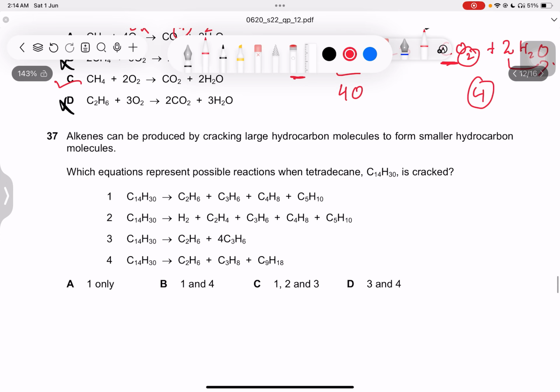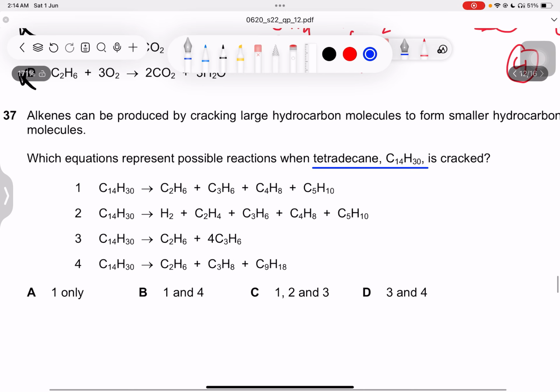Question 37. Alkenes can be produced by cracking large hydrocarbon molecules to form smaller hydrocarbon molecules. Which equations represent possible reactions when tetradecane is cracked? Okay, so when cracking happens, the overall number of carbons and number of hydrogens should remain the same.